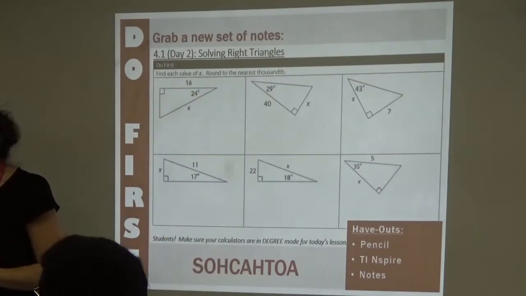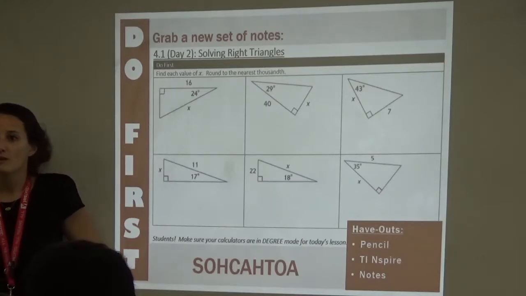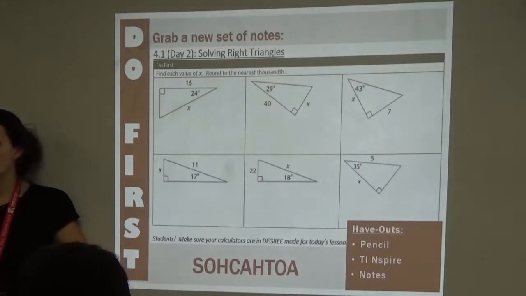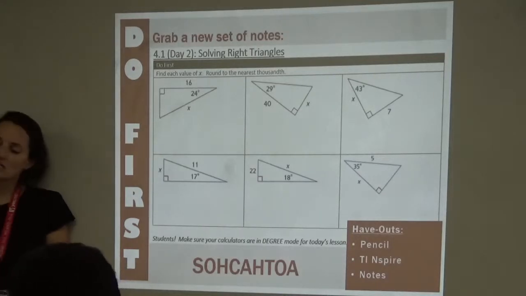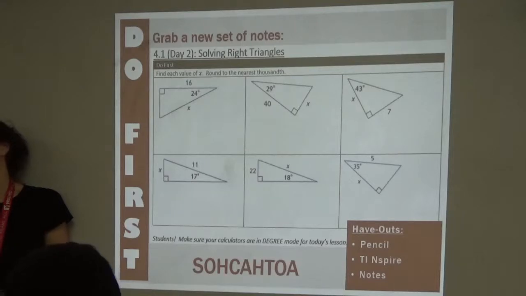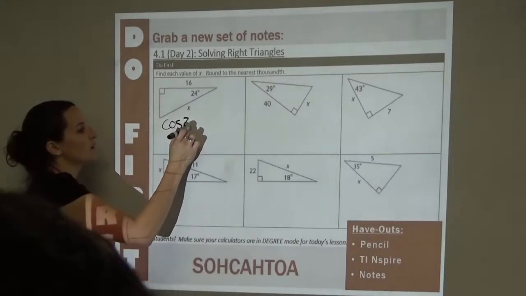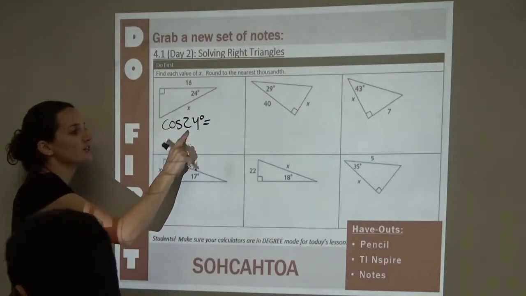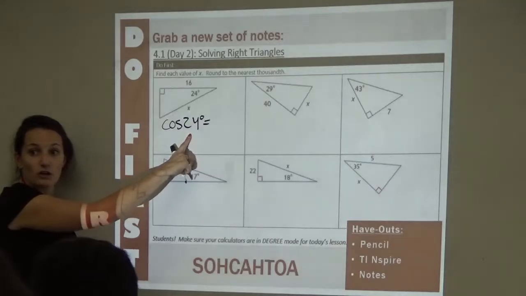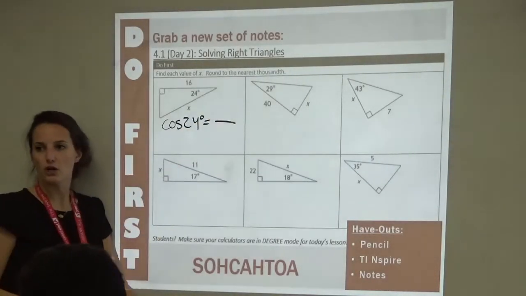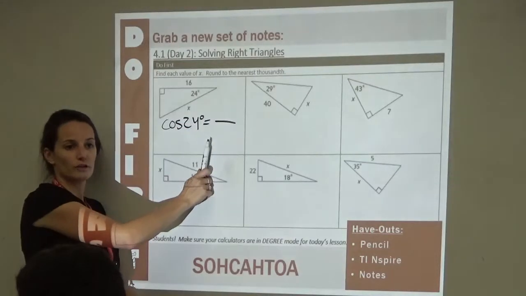Raise your hand if you can tell me which trig function you chose to use for this one right here. Sine, cosine, tangent, cosecant, secant, cotangent. Eli, what do you think? Cool. Cosine of 24 degrees. Remember, sine, cosine, tangent are always of an angle, which gives us our angle, 24 degrees. And that's equal to a ratio of the adjacent over the hypotenuse.